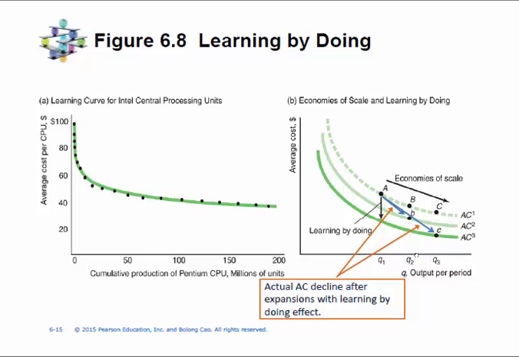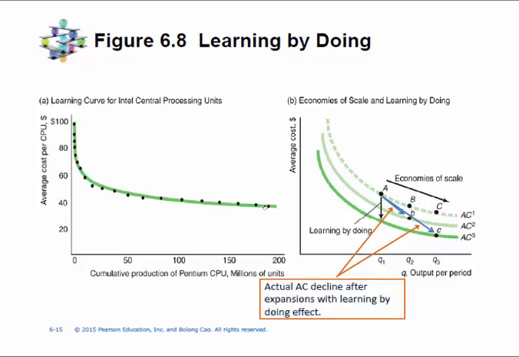Finally, let's talk a little bit about learning by doing. What this says is that if you increase your operation scale, you first enjoy this economies of scale. You produce more, the average cost may decrease.